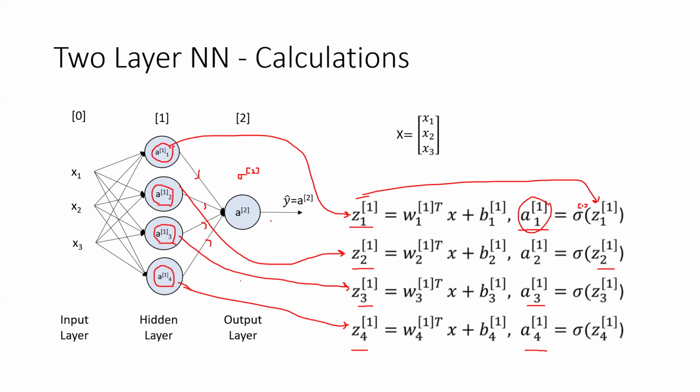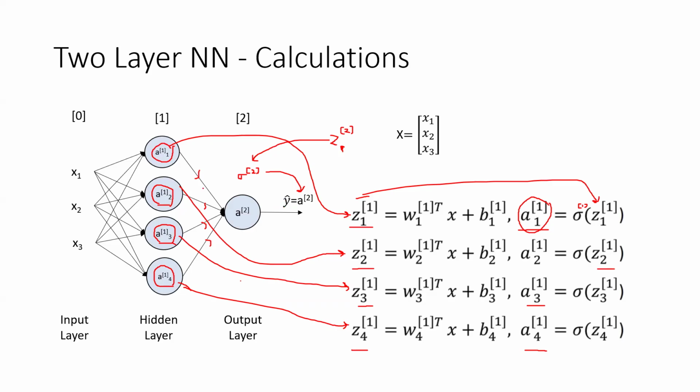So once you apply these inputs and get the Z1,2, then you can apply it to the activation function, and you will get the activation output, which is the A2, which is the output of the whole neural network.